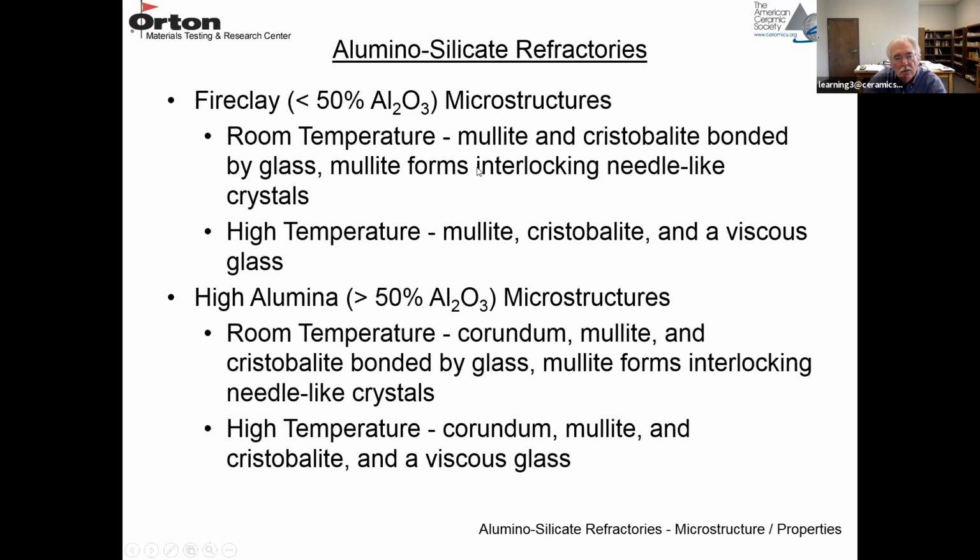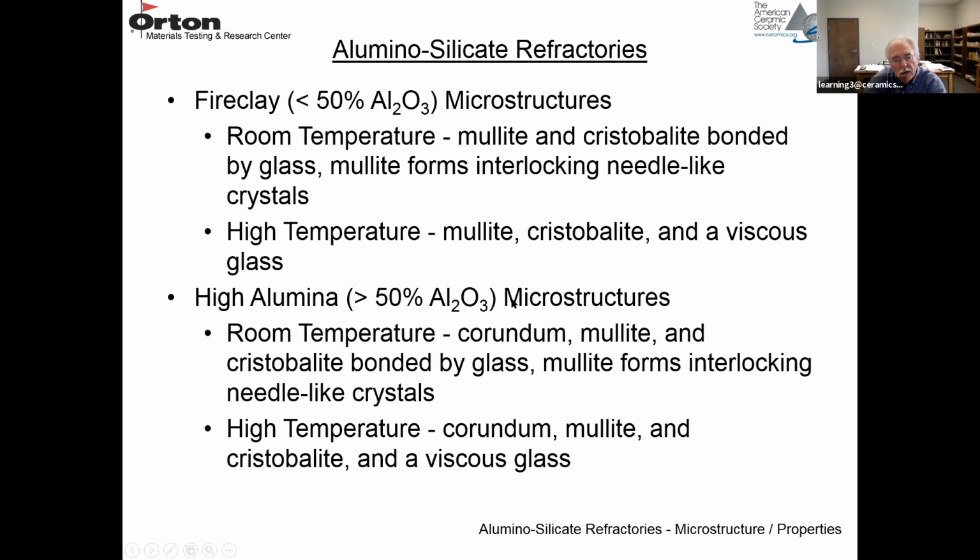So the mullite crystals form an interlocking structure, which gives it some good mechanical properties. It's almost like a fiber reinforced composite. At high temperature, you're going to still have mullite and cristobalite, and now this rigid glassy phase is going to be a viscous glass.